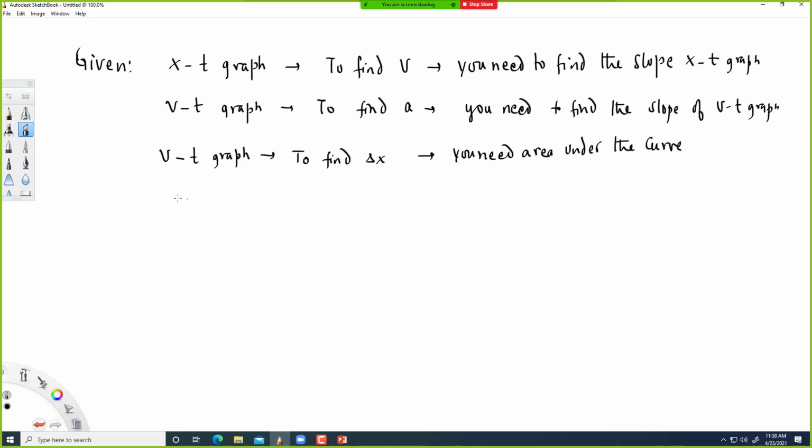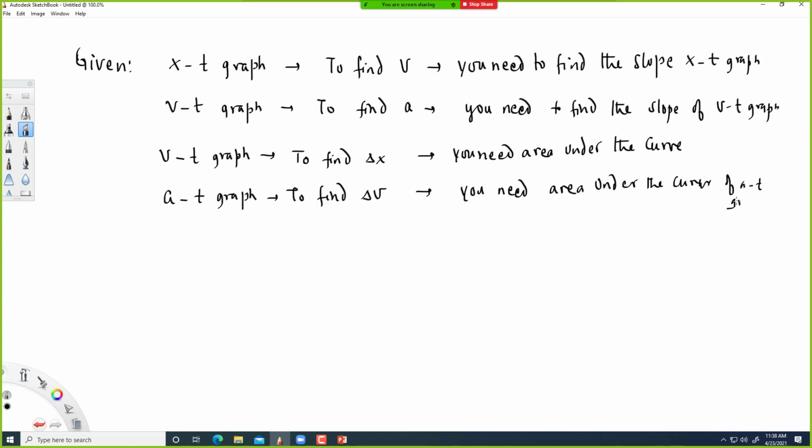Likewise, if you are given an AT graph and you want to find the change in velocity, you need the area under the curve of the AT graph. So these are the rules for finding different quantities from different kinds of graphs.